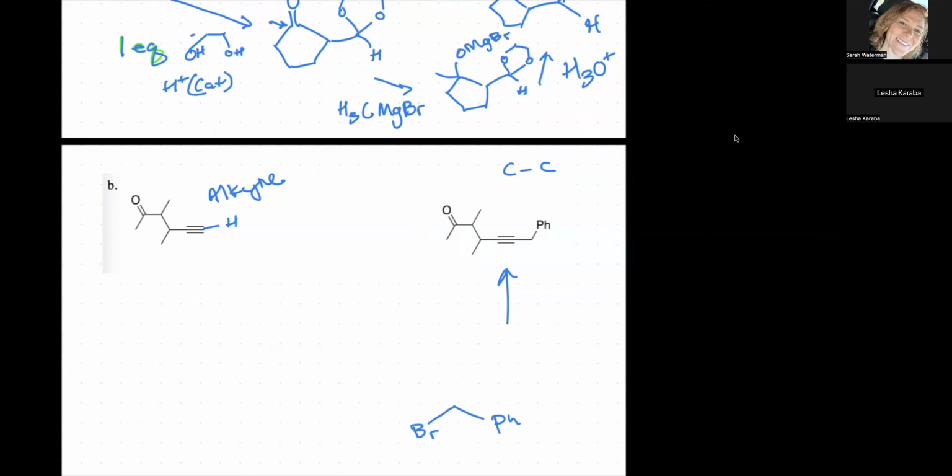But to get there, we still have to do some sort of protecting of the ketones, so that we're not reacting on that end, right? So in order to do that, we have to protect the ketones.